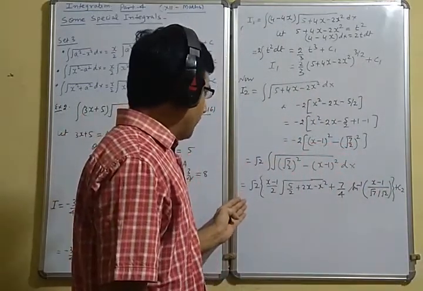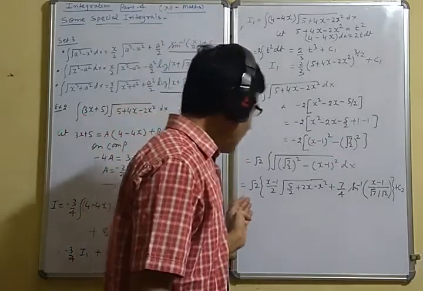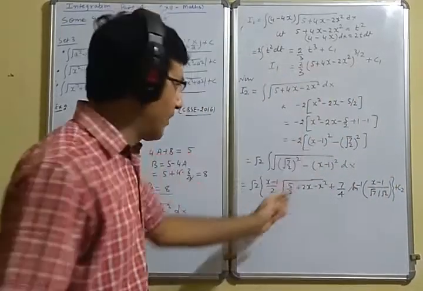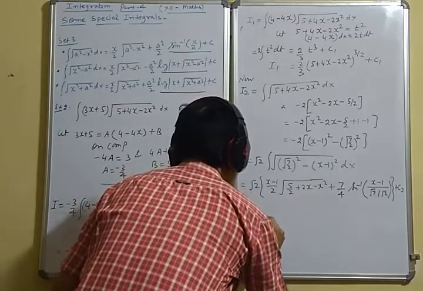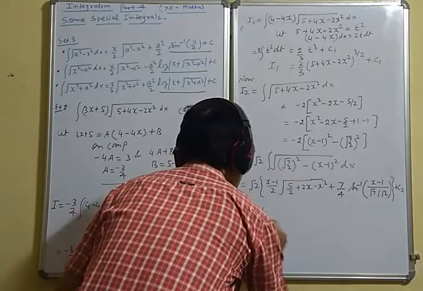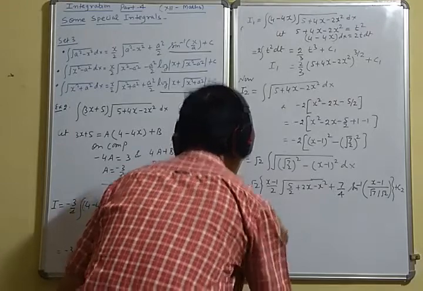So now multiplied by root 2, this becomes x minus 1 by 2 root 2.